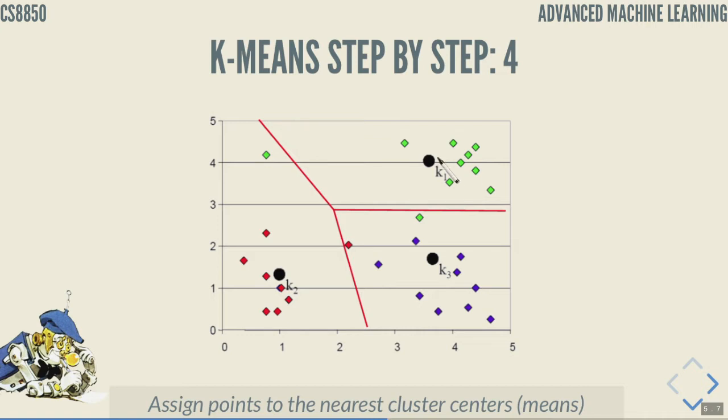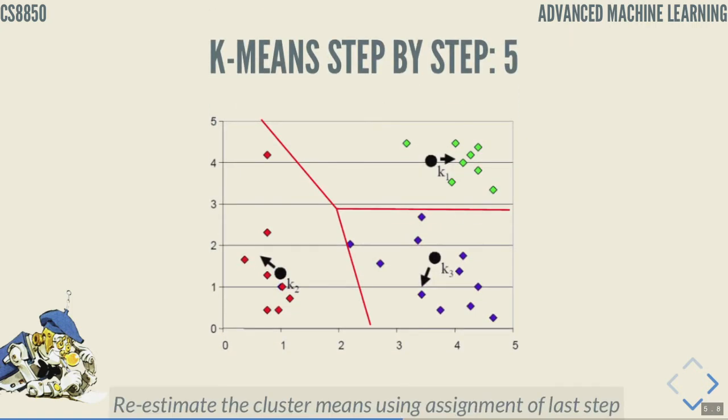As you see, our previous assignment was green for K1, but now once the mean shifted, the Voronoi bounds, or the Voronoi cells, have also been updated, and this green point moved into cluster 2, this red point and this green point moved into cluster 3. Now we are ready to update the means again.